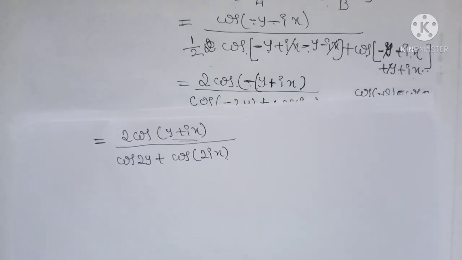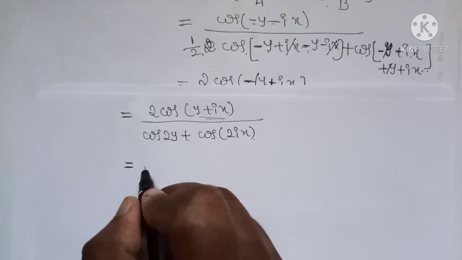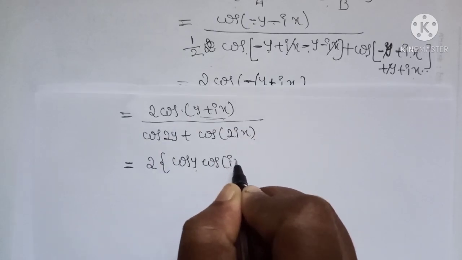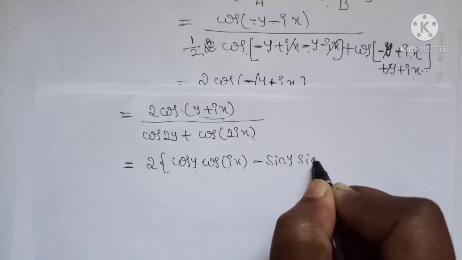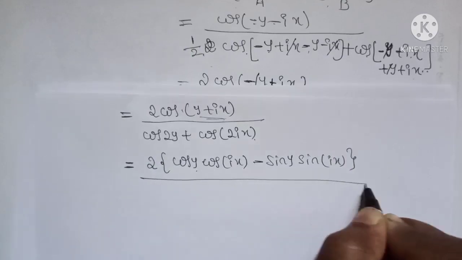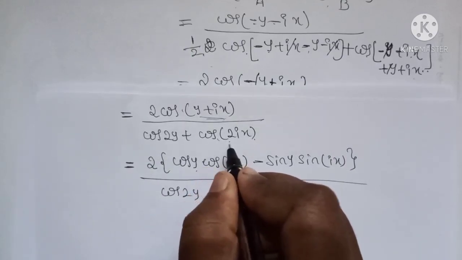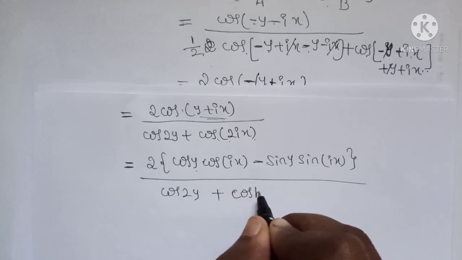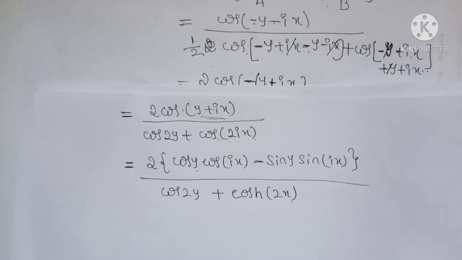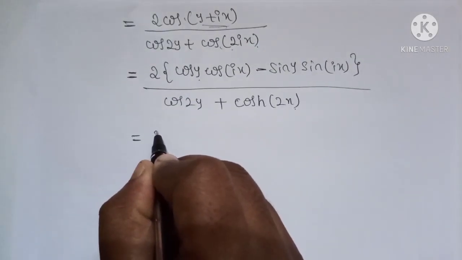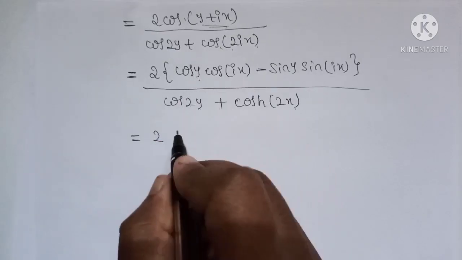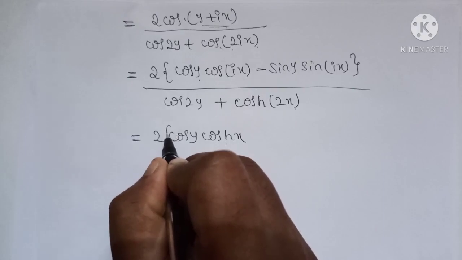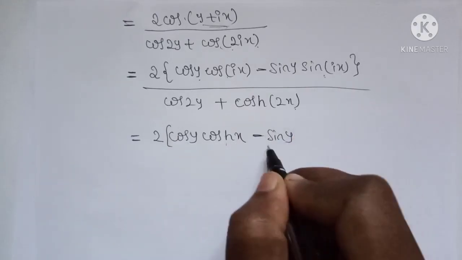As we have done in the second problem, applying the cos of A plus B formula, we get 2 cos A, that is cos y, into cos B, that is cos ix, minus sin A sin B. In the denominator, cos 2y plus cos of 2ix, which can be written in terms of the hyperbolic function as cosh 2x. So the numerator becomes 2 times cos y cos hx minus sin y, with sin ix equal to i sinh x.